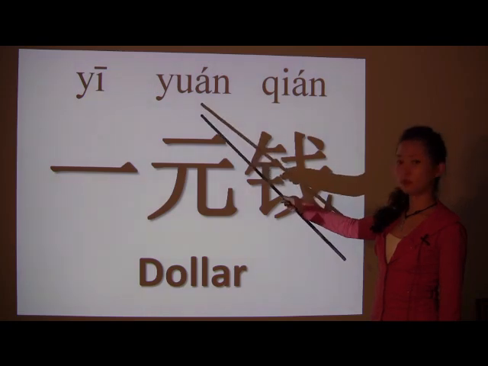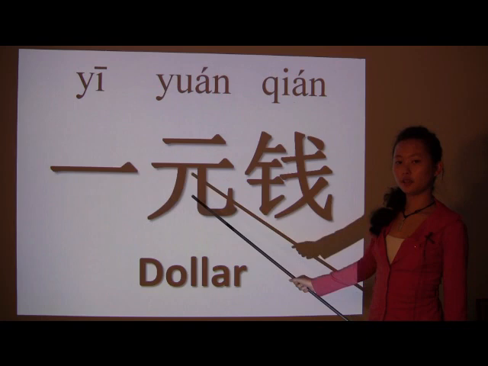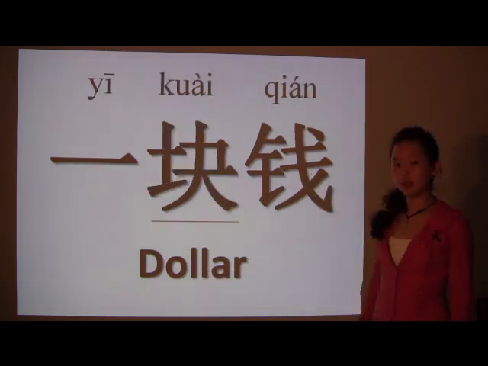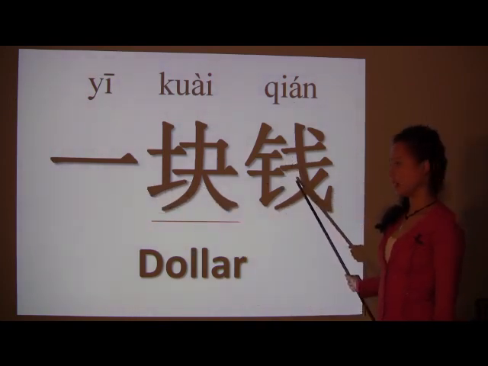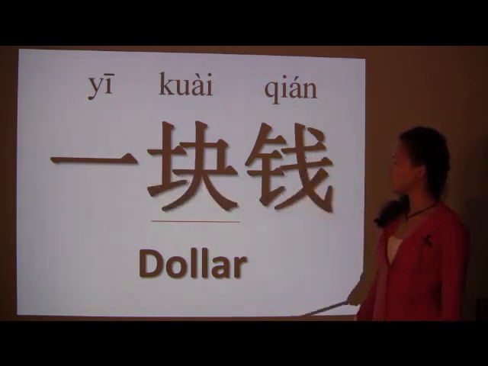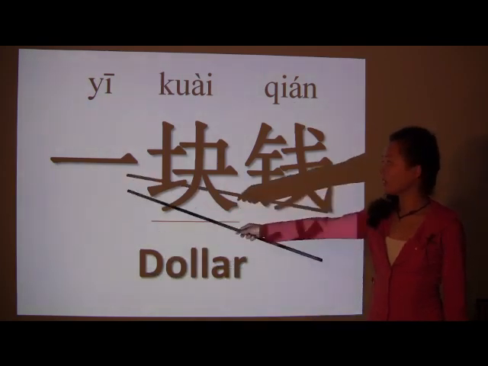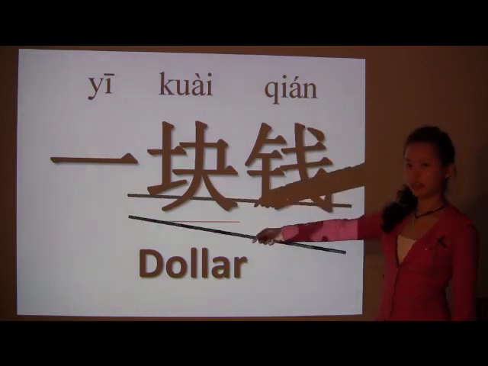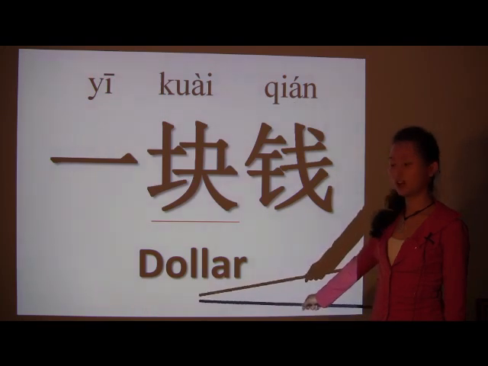The second way to say it is 一块钱. 一块钱 is another way to say $1.